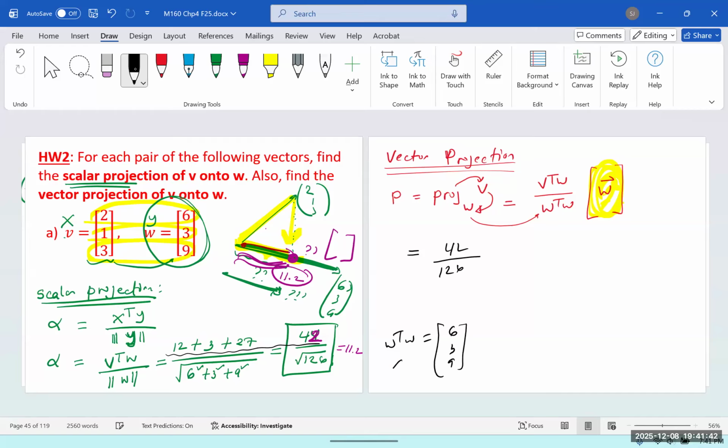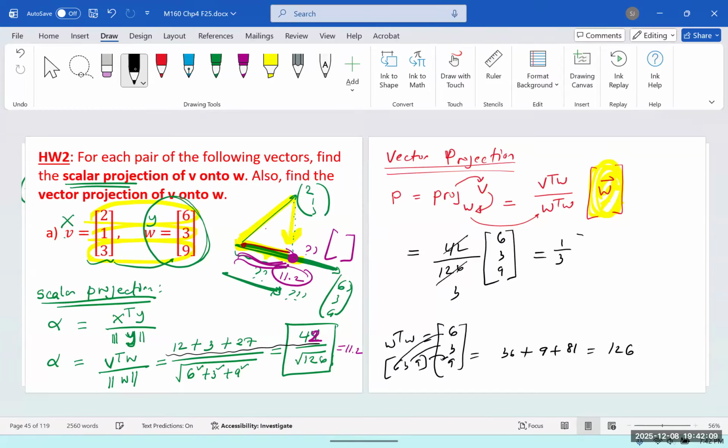6, 3, 9 times 6, 3, 9. So 6 times 6, 36. 3 times 3, 9. And 9 times 9, 81. So this is 126. And then our w vector is 6, 3, 9. When you reduce, 42 goes into 126 three times.